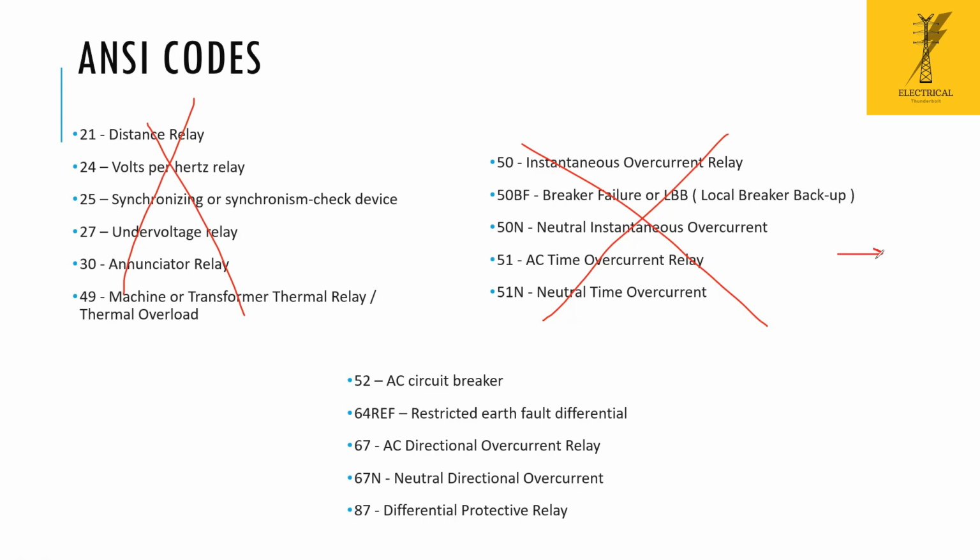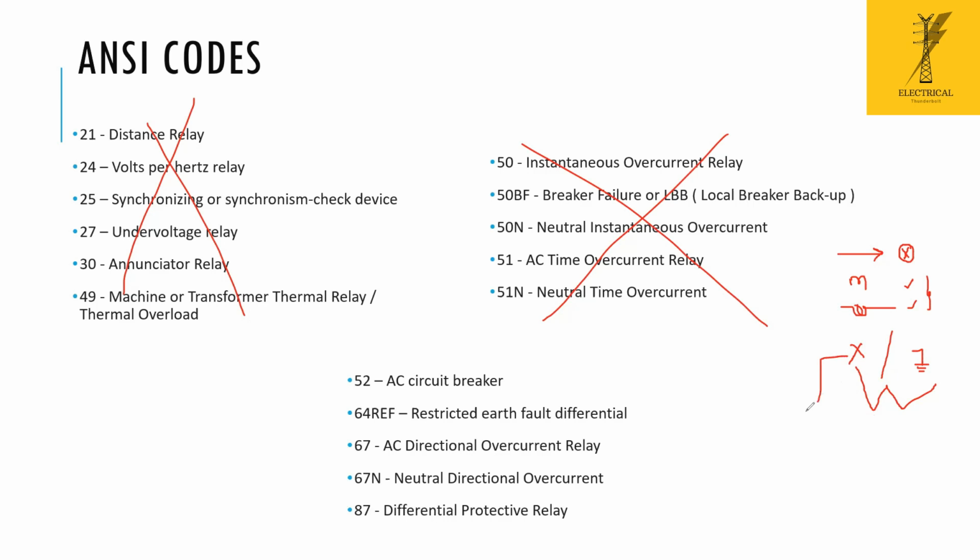For the present, we have the equipment. Lightning arrestor is an equipment which will not come under the controlling part; it is just equipment. Coming to the CT and PT, these are the measuring equipment. But the breaker, isolator, and earth switches are controlling equipment, which we have to open or close during maintenance or during faults. For these, we have ANSI codes.